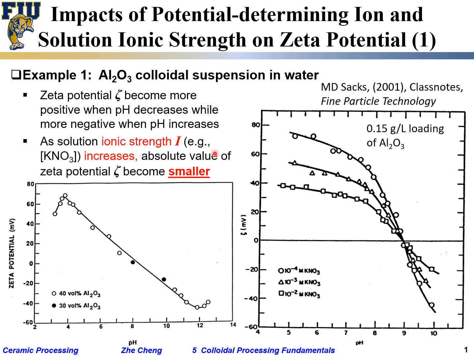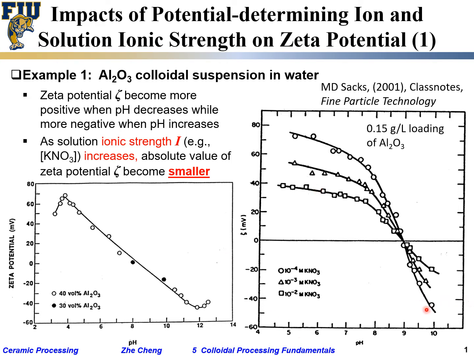As the solution ionic strength goes higher and higher, or more concentrated electrolyte, my zeta potential becomes smaller, which means when you add too much electrolyte, your particle has a tendency to what? To compact, to agglomerate.